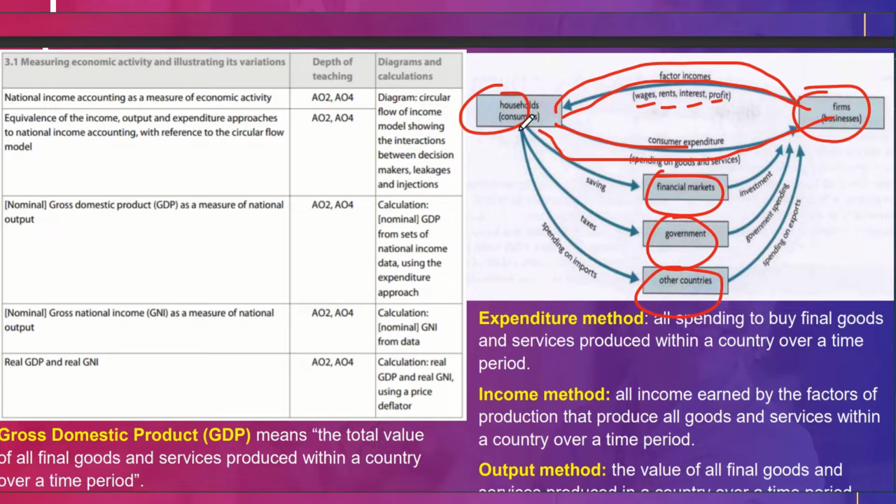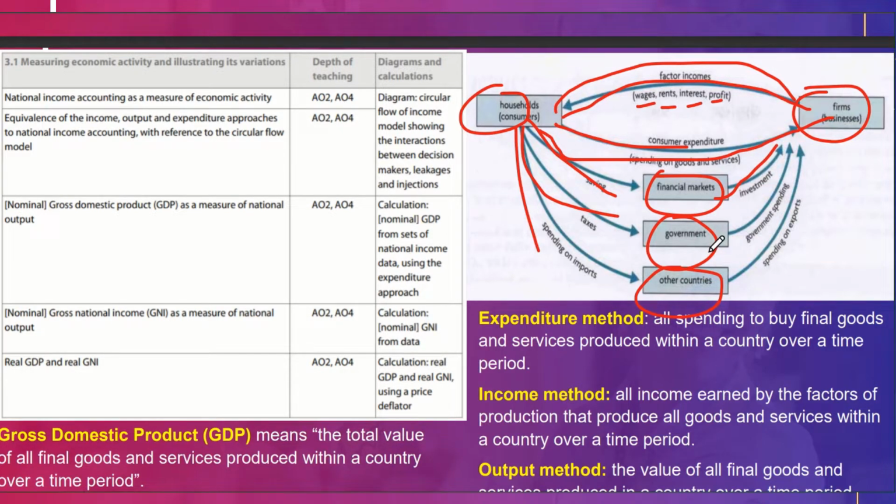But sometimes households may save part of the money they have received. Not completely: some portion they will save, some portion they will pay as tax to the government, and some money they will spend on imported items. Similarly, the money received as deposits from households, the banking institutions or financial markets will lend as loans to the firms, so that is investment.